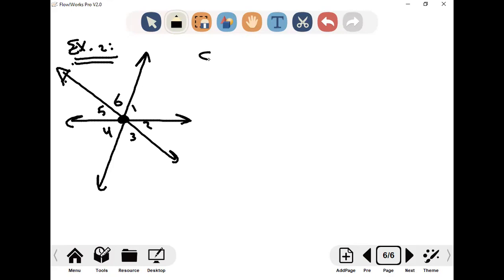So here, what are the pairs? Angle 1 is vertical with what? With 4. Angle 6 is vertical with what? With 3. Angle 5 is vertical with 2. So these are all the vertical angles as pairs.